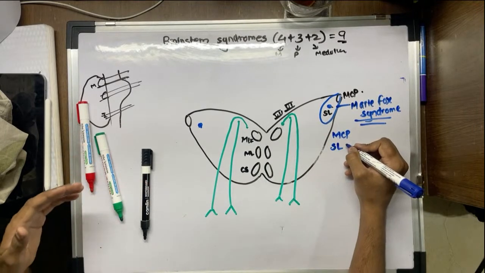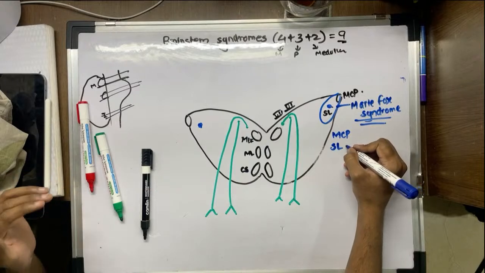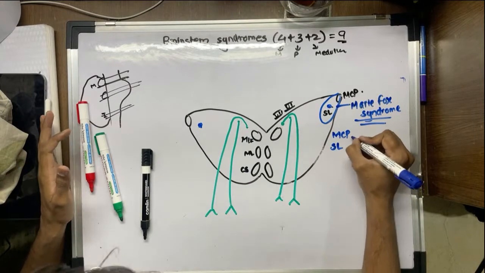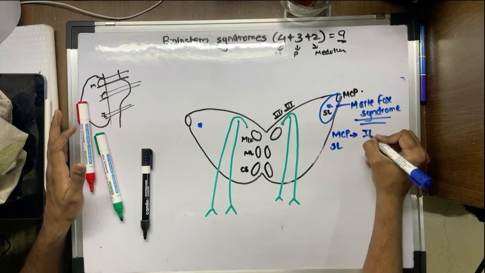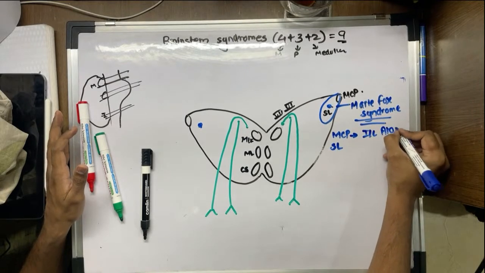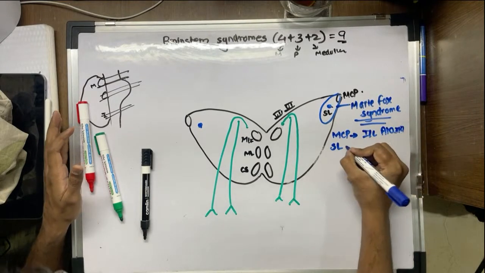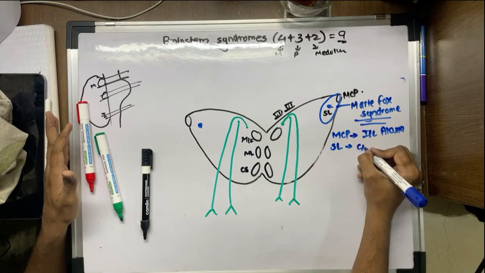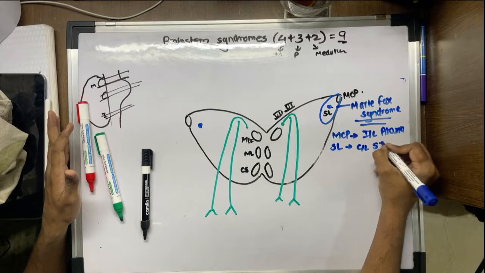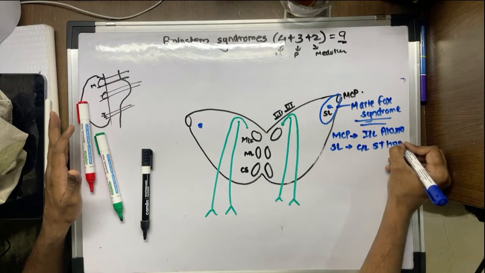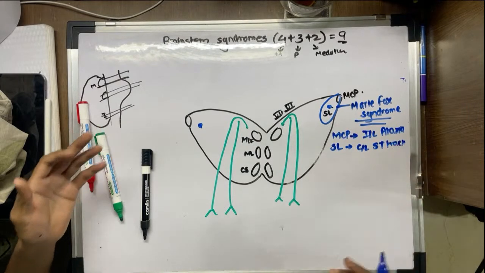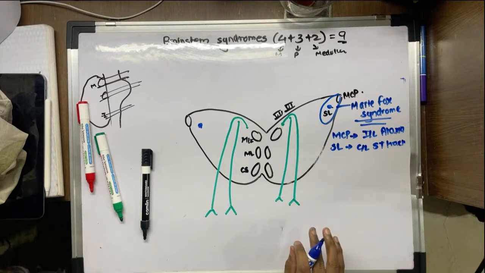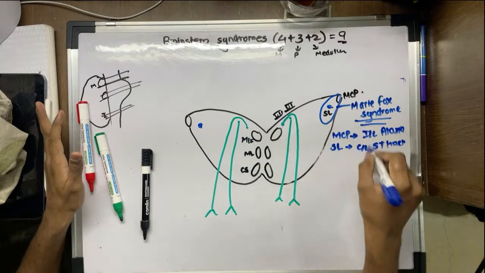Spinal lemniscus is for the spinothalamic tract. The MCP involvement will lead to ipsilateral ataxia, and spinal lemniscus involvement will lead to contralateral spinothalamic tract loss. Spinothalamic tract is for pain, temperature, crude touch, so this will be gone.